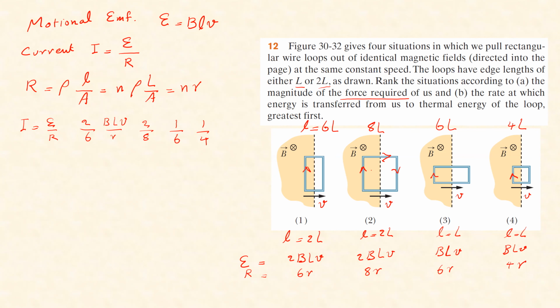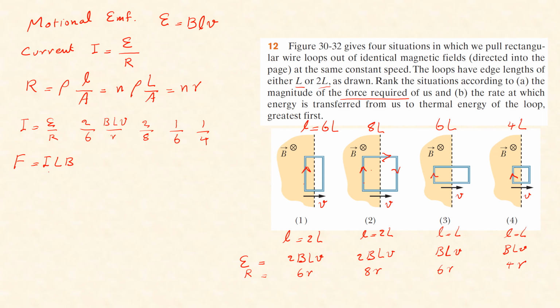So when there's current in here and it is in the magnetic field, what is the magnetic force on the current? So force on the current is ILB, remember? And here L again is 2L, here 2L, and L and L. So the forces are different, because I is different and L is different.